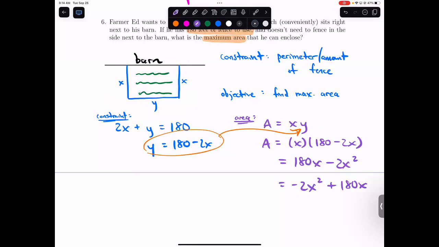What are we trying to find again? We have area as a quadratic that's opening down, and we want to find the maximum area. What do we need to look for? The vertex.